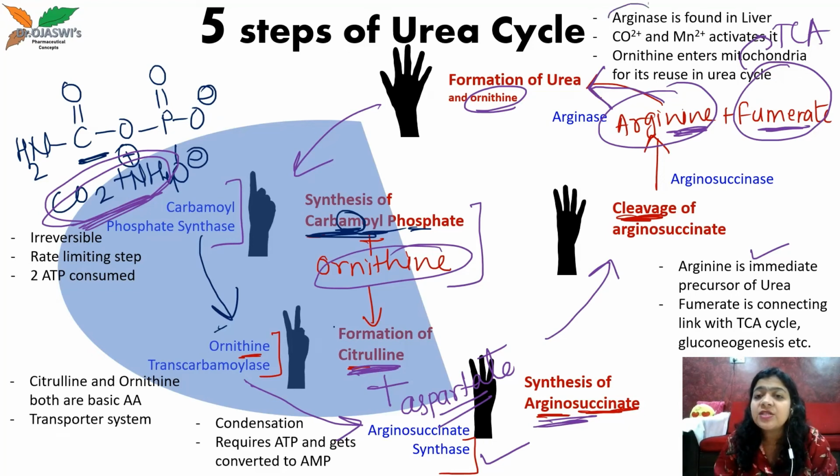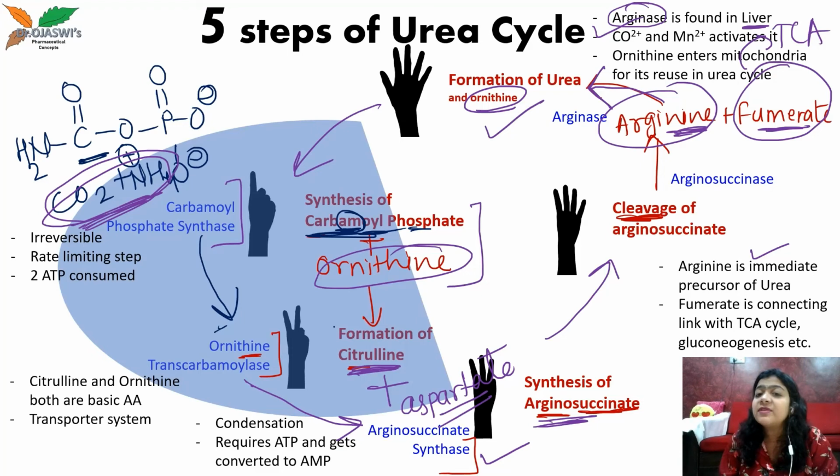This enzyme arginase is found in liver, and cobalt and manganese, these metals are required for the activation of this particular enzyme. So we can call them the cofactors which are required for the proper activity of enzyme arginase.